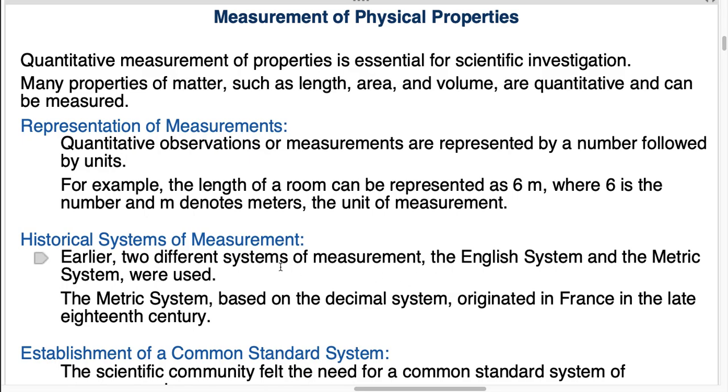The quantitative measurement of properties is essential for scientific investigation. If we want to do scientific investigation, we have to be aware of the quantitative measurement of properties, because if we don't have any quantitative measurement, then how can we do the investigation?